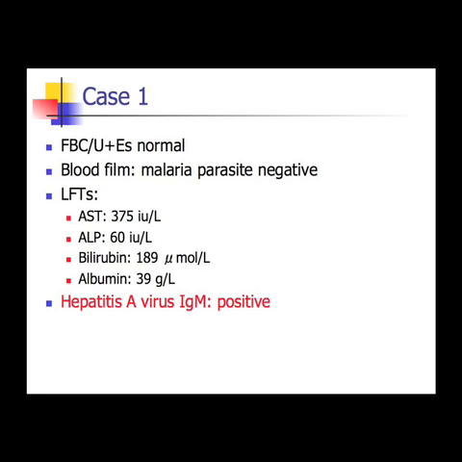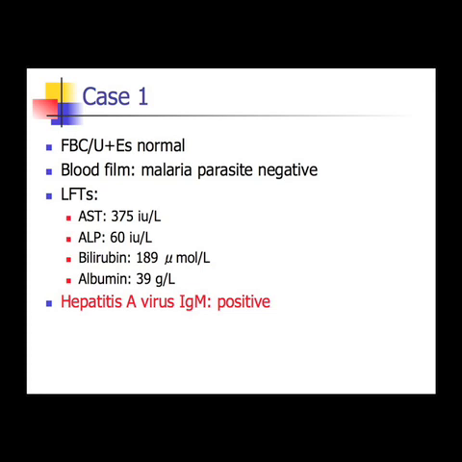So we can see here these liver function test results. They're clearly deranged, but the first thing to look at is the bilirubin, which is markedly raised here. Very, very markedly raised, and it would certainly explain the yellow discoloration of the skin.